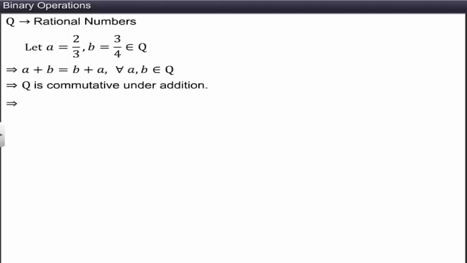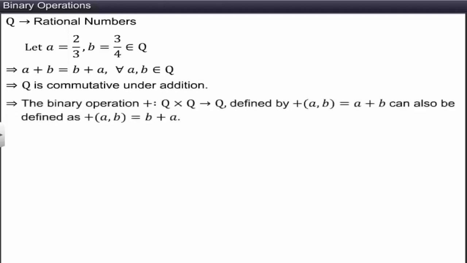Hence, the function addition from Q cross Q to Q, defined by plus of (A, B) is equal to A plus B, is a binary operation.